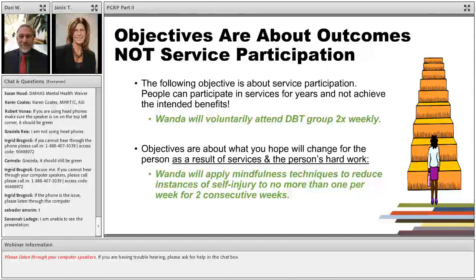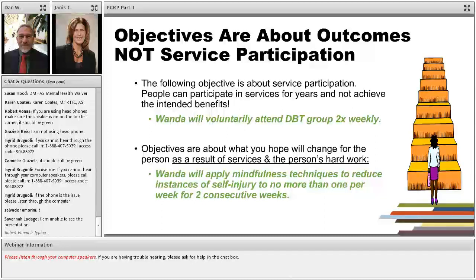Another word about objectives, very critical. I think this is one of the biggest slippery slopes I often see in the documentation and where things go awry. Sometimes they do a great job with the goal and the strengths and the barriers. What sometimes can happen is regardless of what that goal statement is, I drop down to the objectives, and the objectives are all about service participation, right?